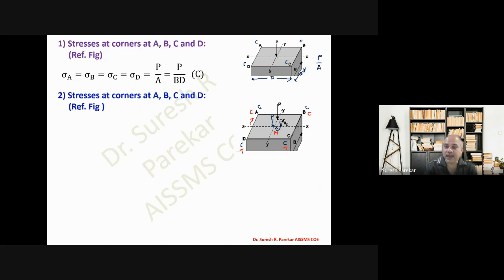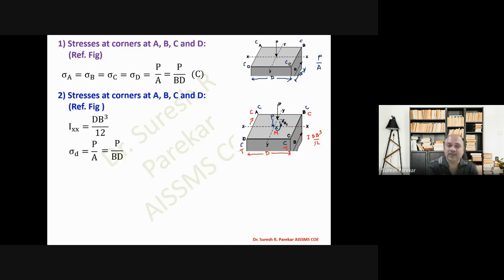Now we have bending about the x axis, so I is db cube by 12, because parallel to the x axis we have this distance as d, and this becomes b. So Ixx is db cube by 12, and the same is mentioned over here.